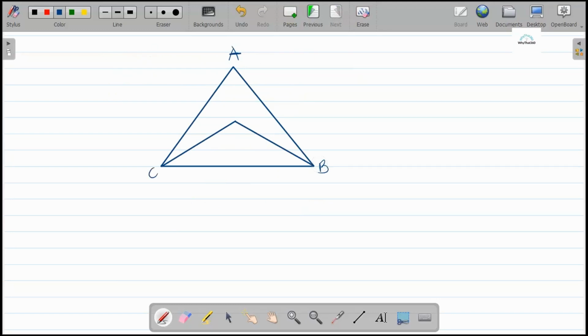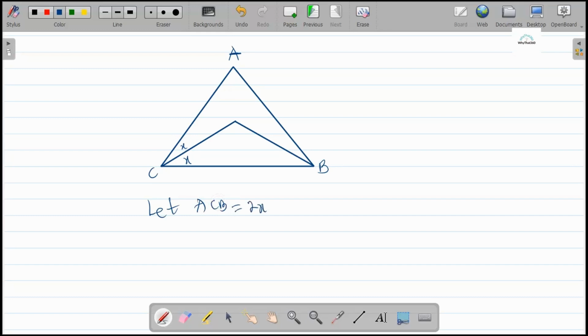So what we're going to do is, let me write it down here. We let these two angles, let's say this side here is x and that side is also x. So we let angle ACB be equal to 2x.